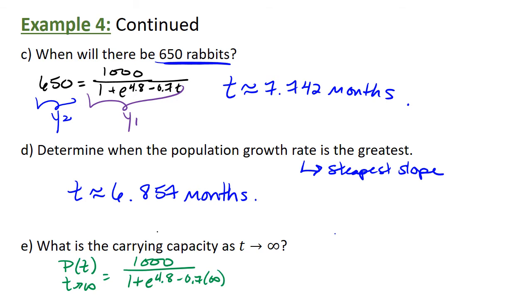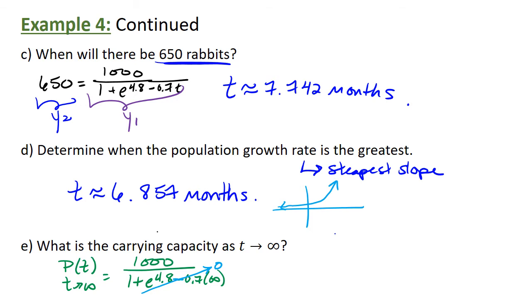What happens if you think about this function, this here will end up approaching 0. So e to this power ends up being e to the negative infinity. And if you think about what the graph of e looks like, it looks like this.